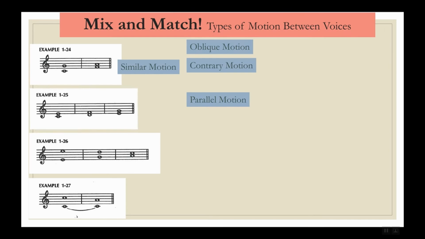Okay, let's try the next one. Top voice is going up. Bottom voice is going up. So it's either similar or parallel. These are all thirds. So what do you think? Exactly, parallel. This guy.